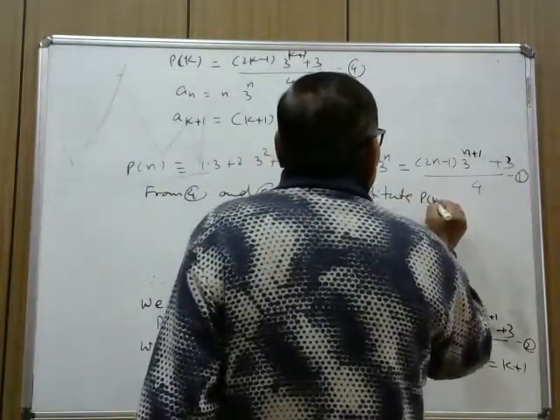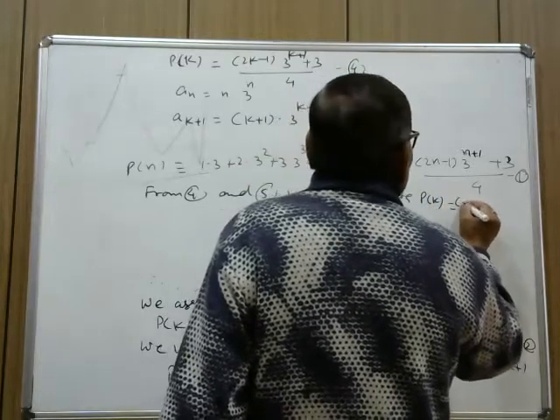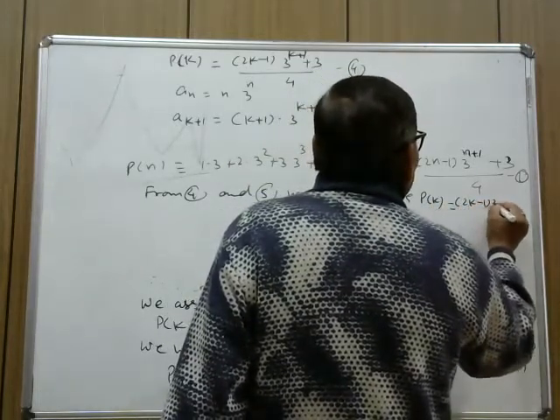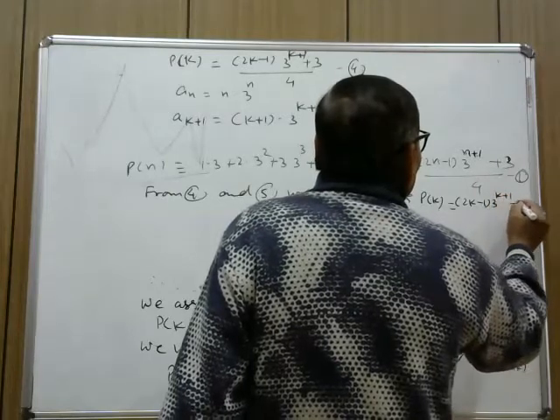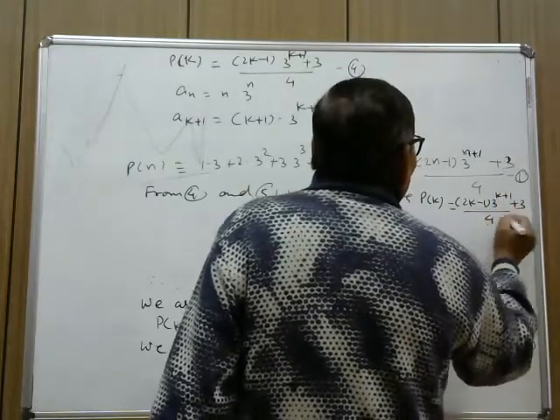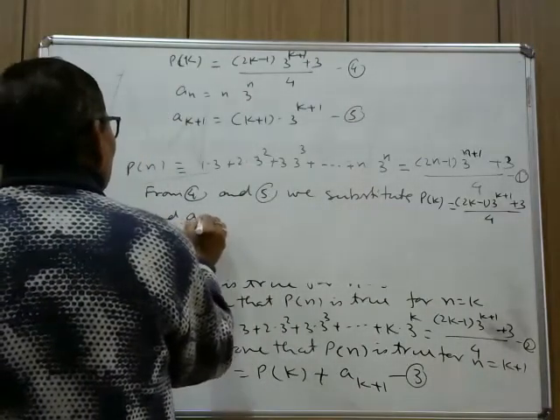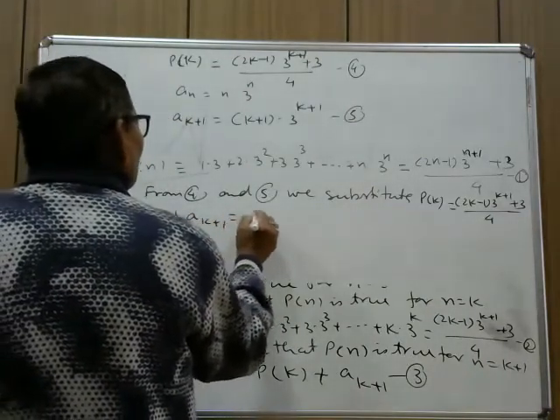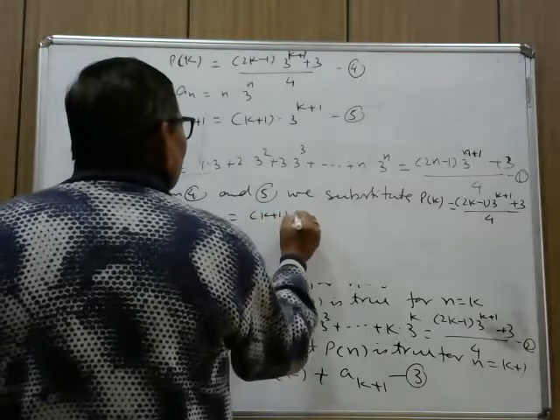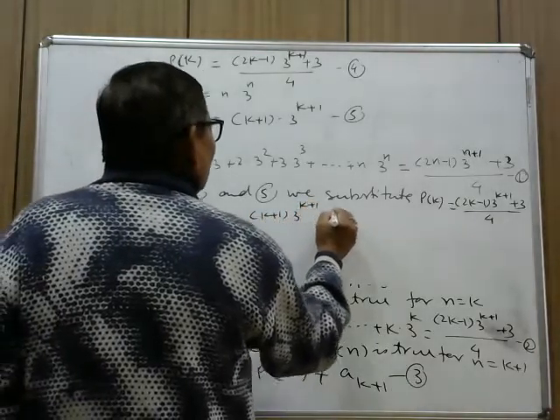Pk equal to (2k minus 1) into 3 to the power k plus 1, plus 3 by 4, and a of k plus 1 equal to (k plus 1) into 3 to the power k plus 1.